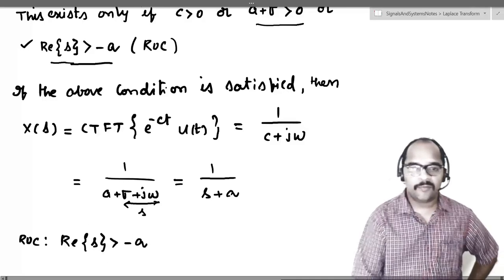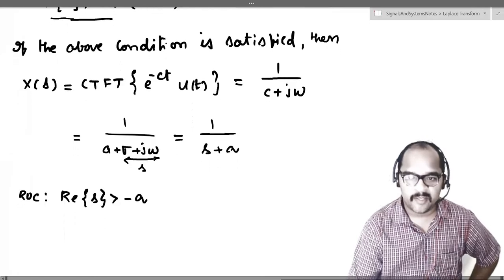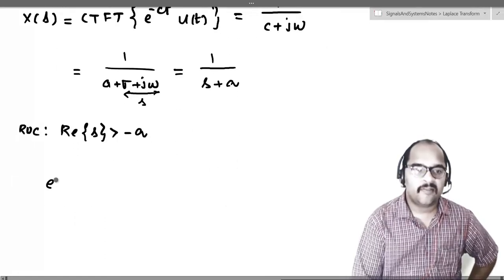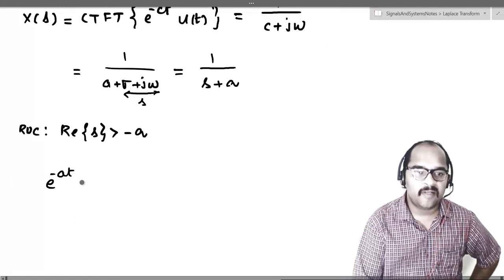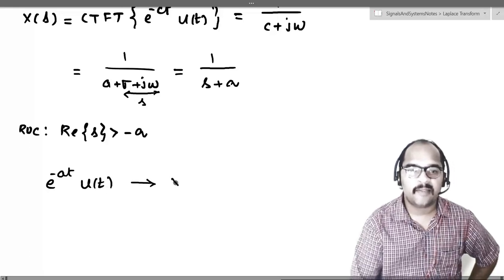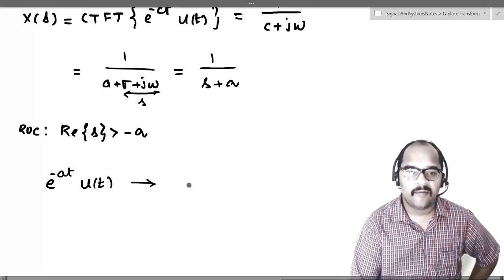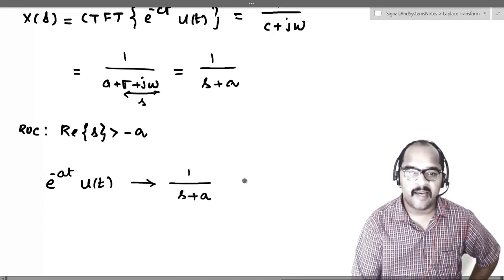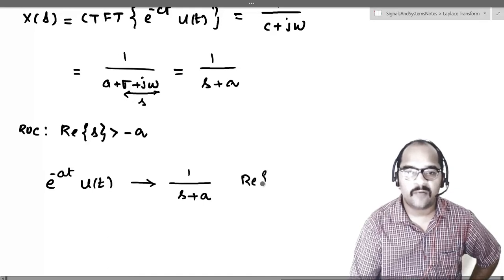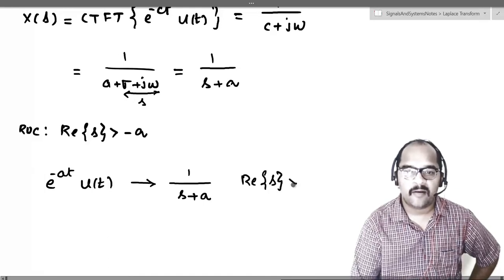Okay, so let us summarize what we have got. We have e power minus a t u of t, and we have 1 by s plus a as the Laplace transform with ROC real part of s greater than minus a.